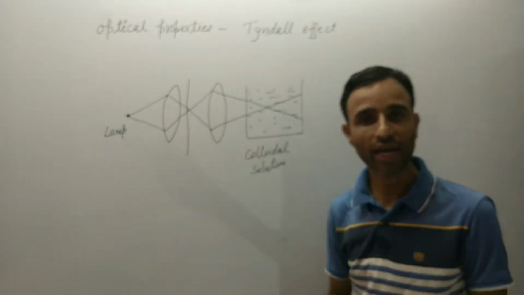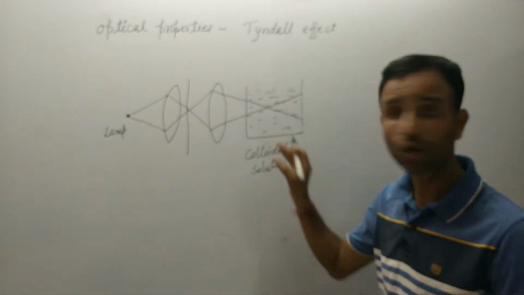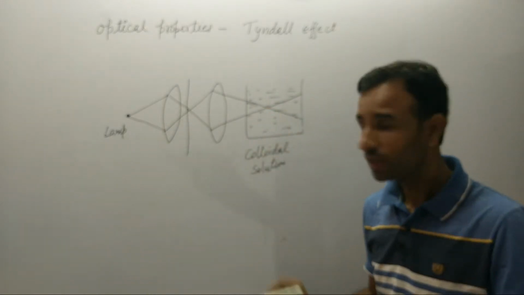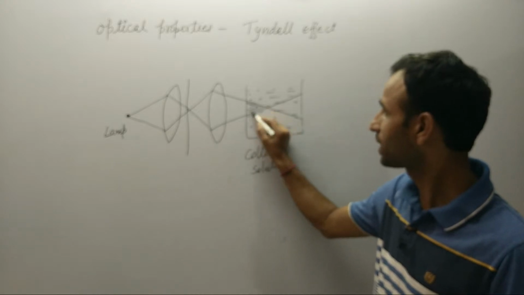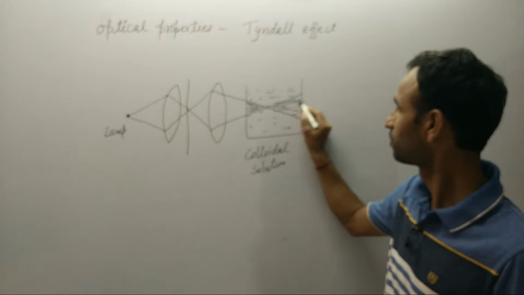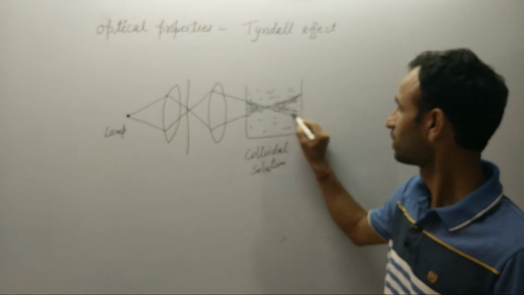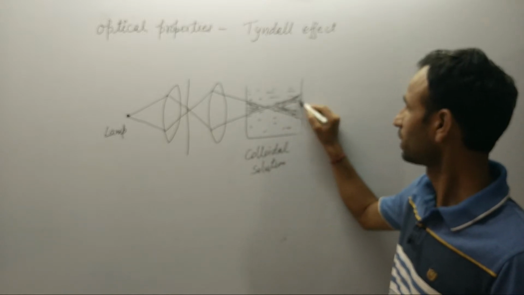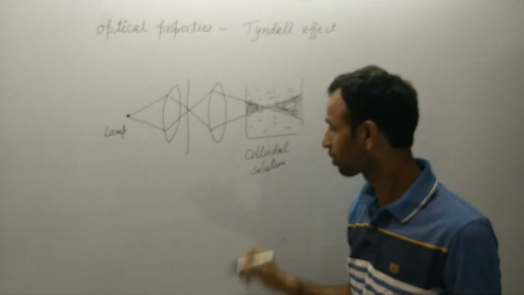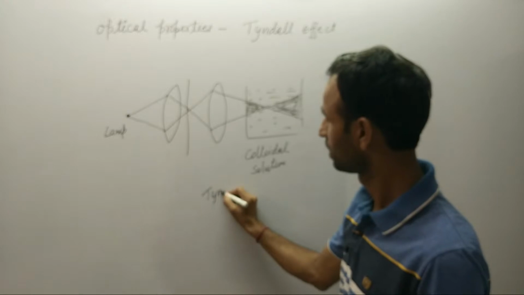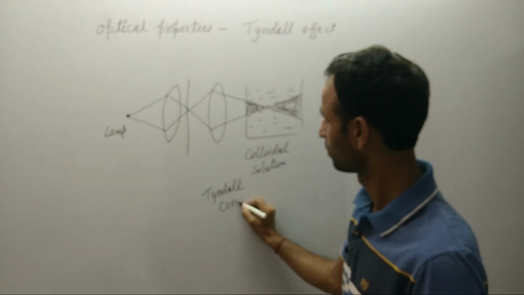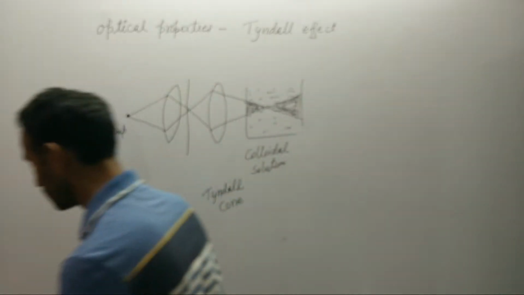So when this light is passed through the colloidal solution in a dark room, the path of the light becomes visible. And this is called the Tyndall cone.